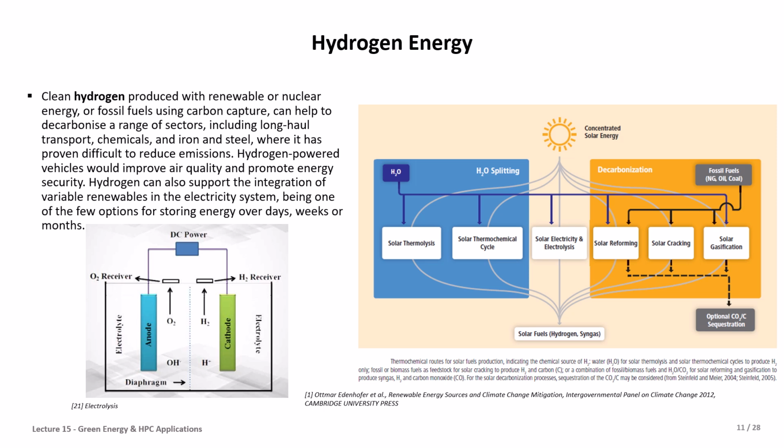Therefore, currently there are two important ideas for how we can use the solar energy system or wind power energy to produce hydrogen from the water with electricity.